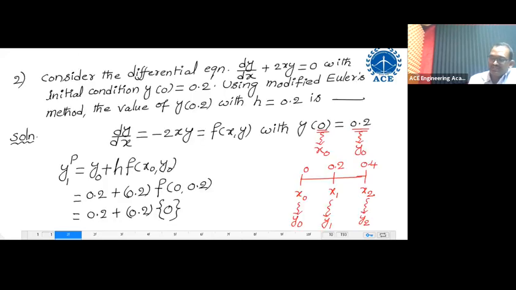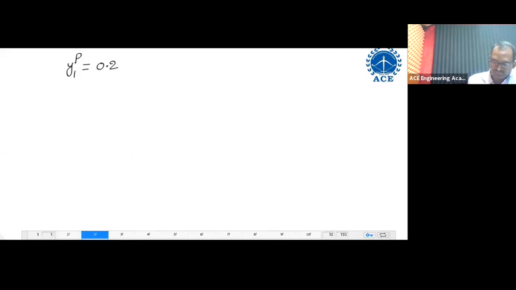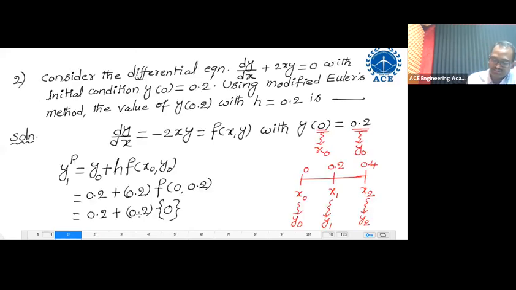Now let us see y1 power c. Next formula. Y1 power c is equal to, I have already given the formula yesterday, please check. Y0 plus h by 2 into f of x0 comma y0 plus f of x1 comma y1 power p. How 0 came, look here.